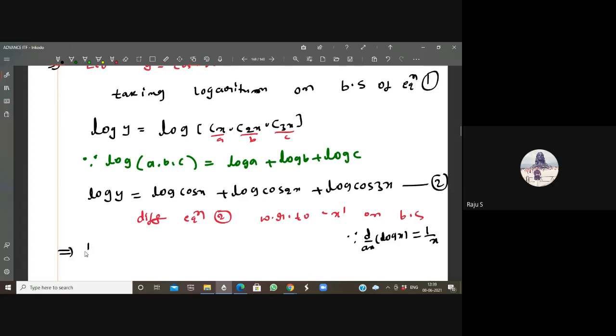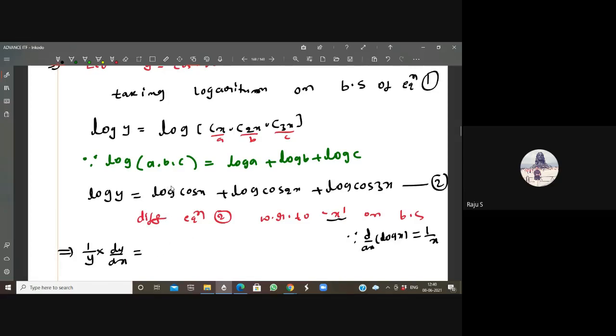The derivative of log y is 1 by y into dy by dx. Don't forget, because with respect to x, y is not independent, so we get dy by dx.